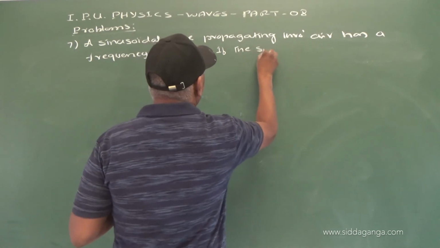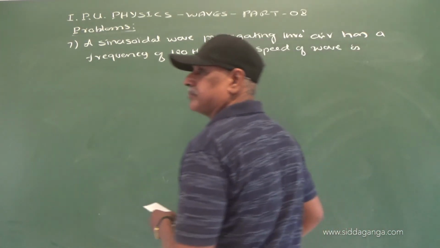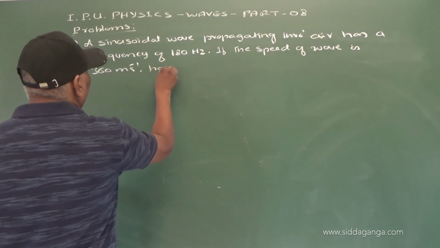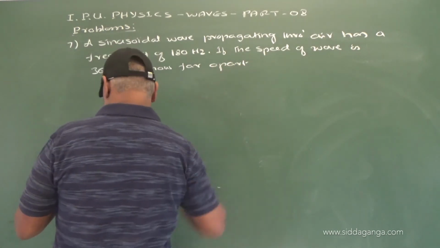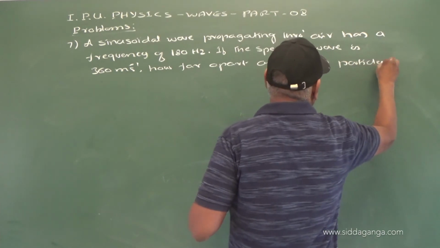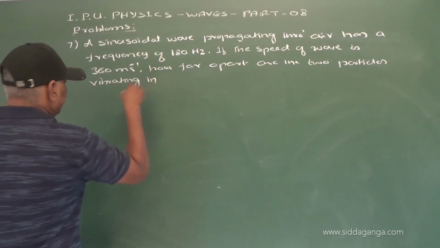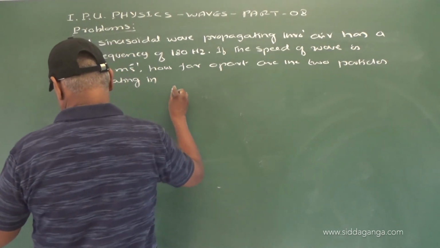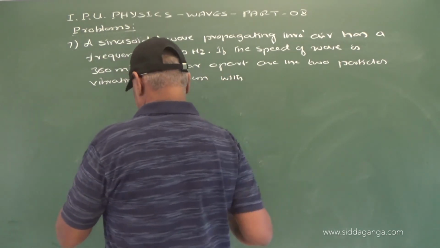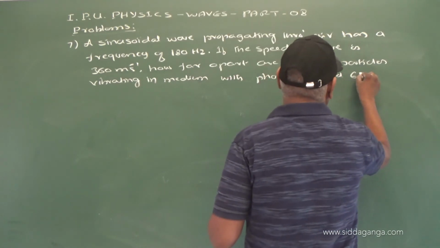If the speed of wave is 360 meter per second, how far apart are the two particles vibrating in medium with phase of 45 degree and 60 degree.